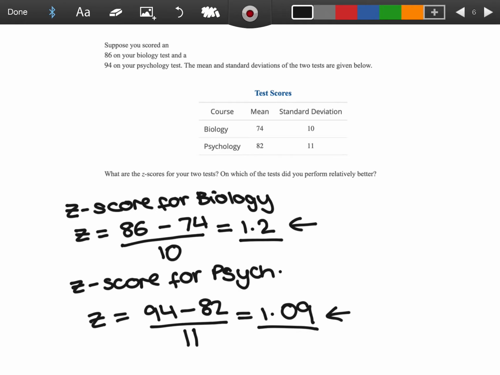Okay, so that is where z-scores are useful. They are really useful when you are looking at comparisons for two different data sets, because they can tell you for different data points how far above or below the mean you were, and then you can compare them for different data points and different data sets.